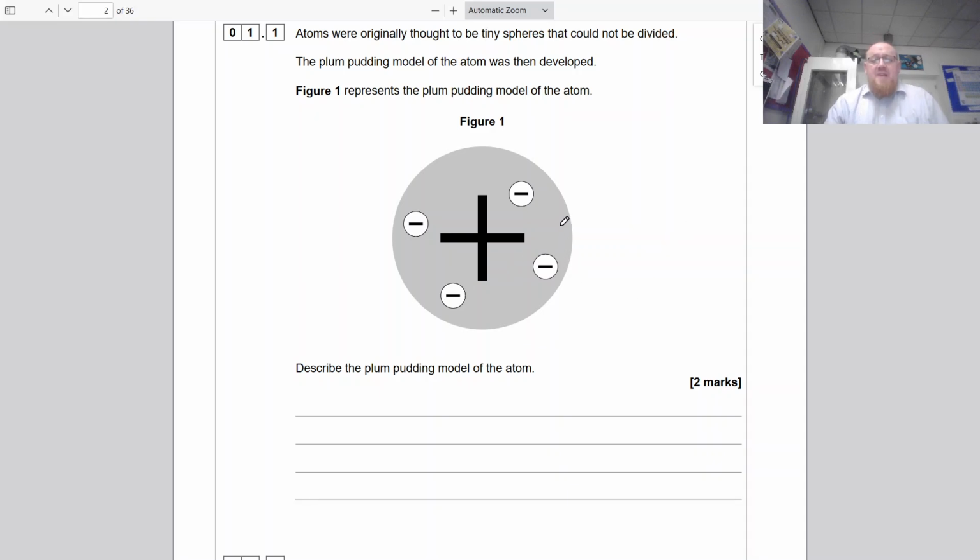I can see that I've got two parts to this. I've got this big ball of positive charge. And then I have negative charges embedded in it.